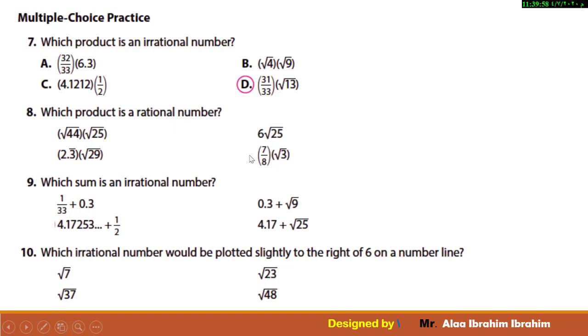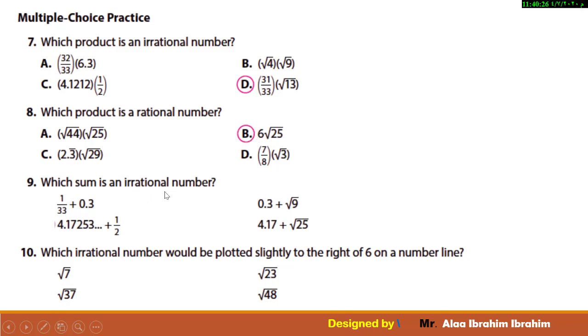So I have to see everything as rational times rational, irrational plus rational. In this case, we're dealing with a product, so something times something gives me a rational number, so rational and rational. So the square root of 44 has no square root here, so this is not correct. Root 25, so this is 5 times 6.30, so this is rational and this also rational, multiplied together give me rational. So this is my best choice or correct choice.